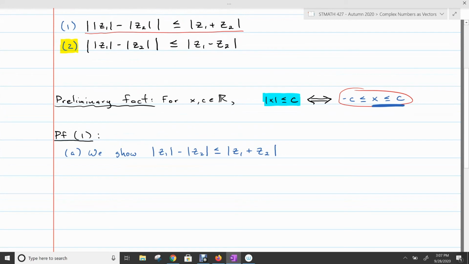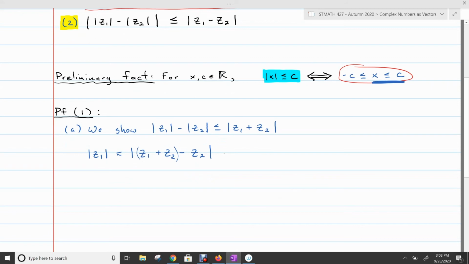Okay, so how do we show that? Well, there's a little trick. Start with the modulus of z1. That would certainly be equal to modulus of z1, and then I'm going to add a well-chosen 0, plus z2, and then a minus z2. I'm going to put grouping symbols in here just to make you focus on what I want you to. So inside that modulus, I've really got a sum of two things, z1 plus z2 and then negative z2.